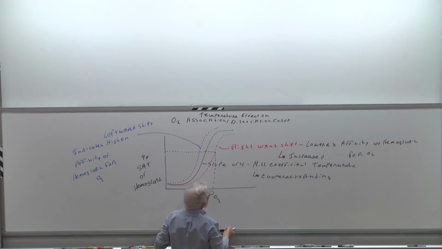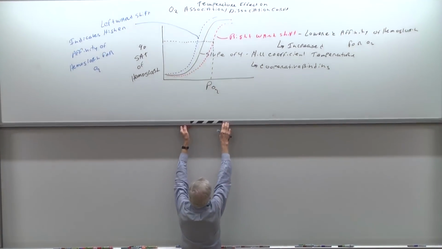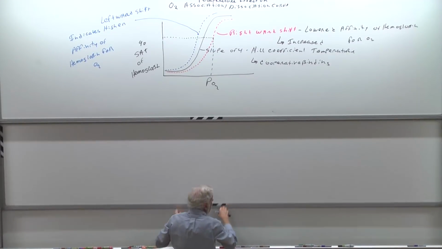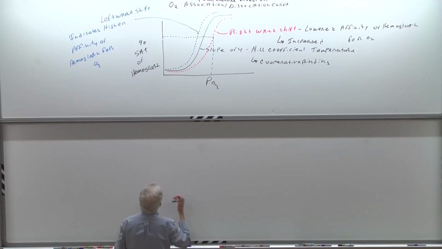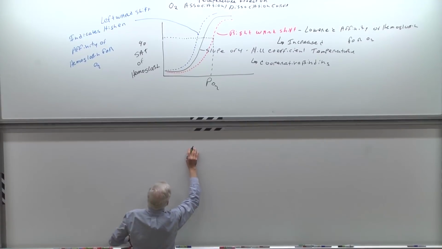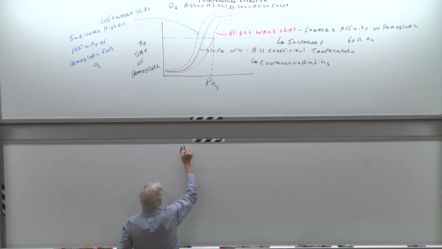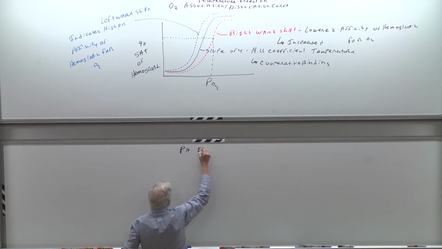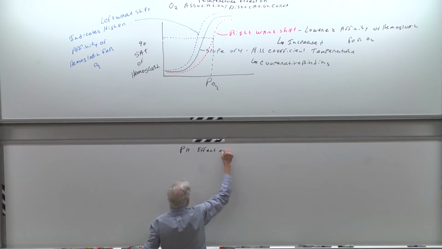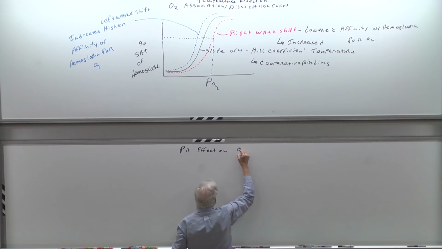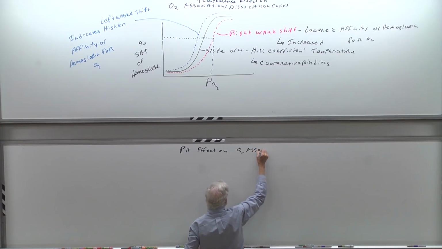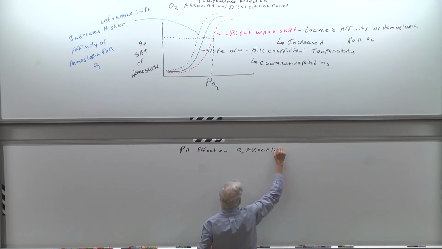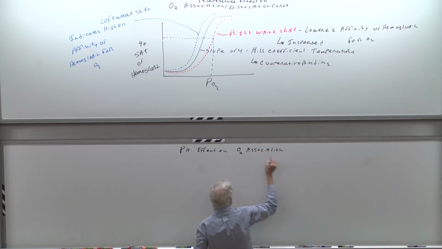Now we're going to redraw the same thing, and label this as pH effect on O2 association with hemoglobin.